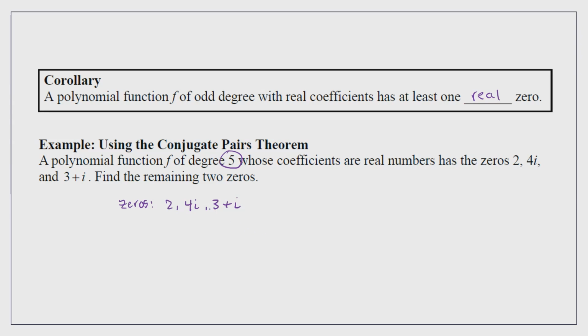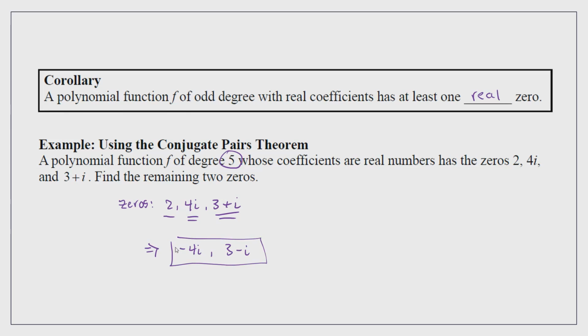So if our zeros are 2, which is real, 4i and 3 plus i, which are non-real, but they're all complex zeros, we know that if we have a non-real zero, its conjugate will also be a zero. So its conjugate is going to be negative 4i and 3 minus i. And those 2 would be our remaining 2 zeros.